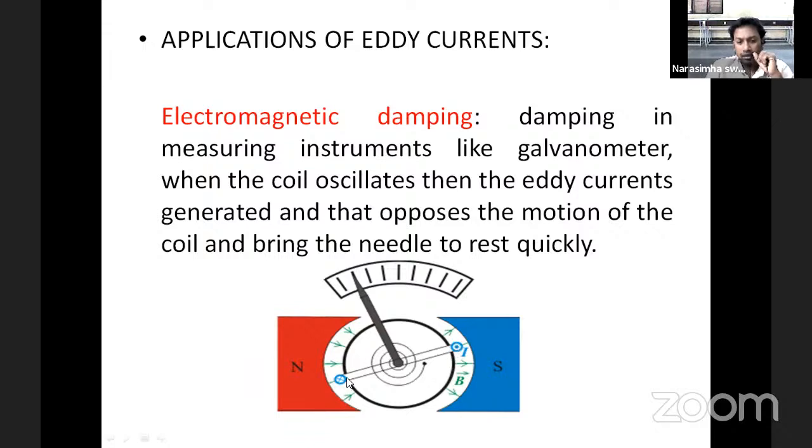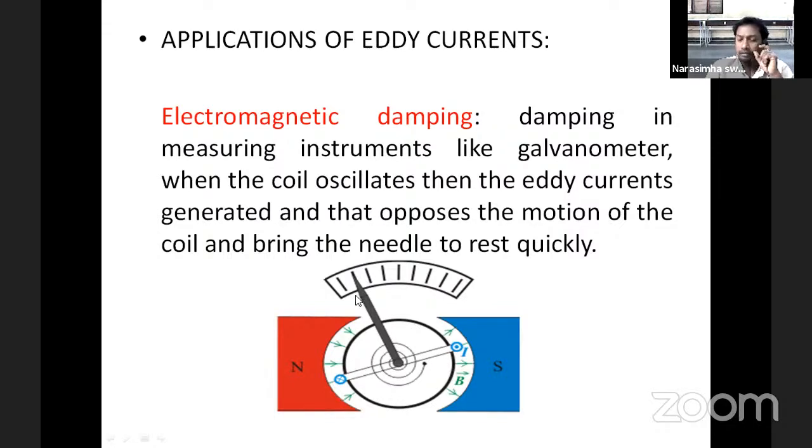Then when it is connected to an external power supply, the coil gets induced current. Due to the change in magnetic flux, the direction of current flowing through this coil also changes. Then the induced EMF will be generated, and this magnet starts to oscillate, and accordingly the needle also oscillates.